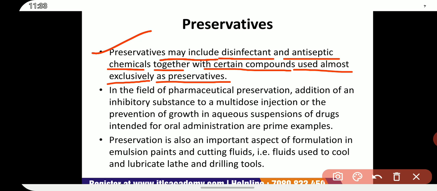They are added to many industrial products, including pharmaceutical products, which may by their nature support the growth of bacteria and molds, causing spoilage of the product and possibly infection of the user.